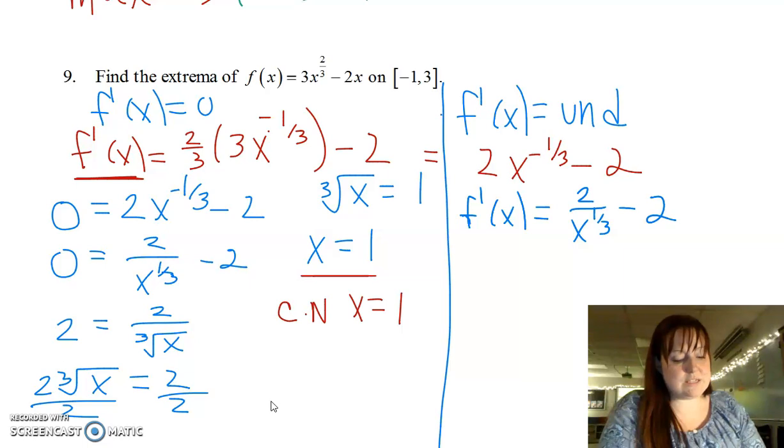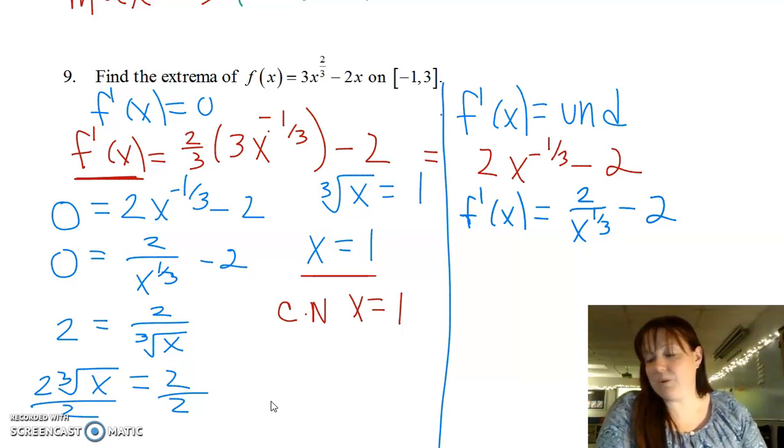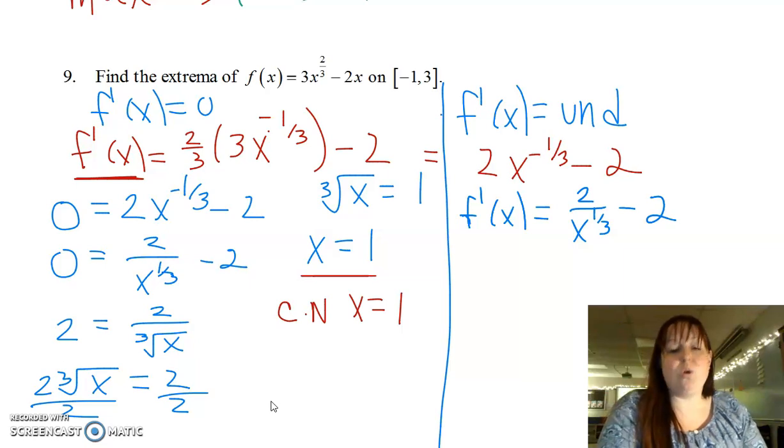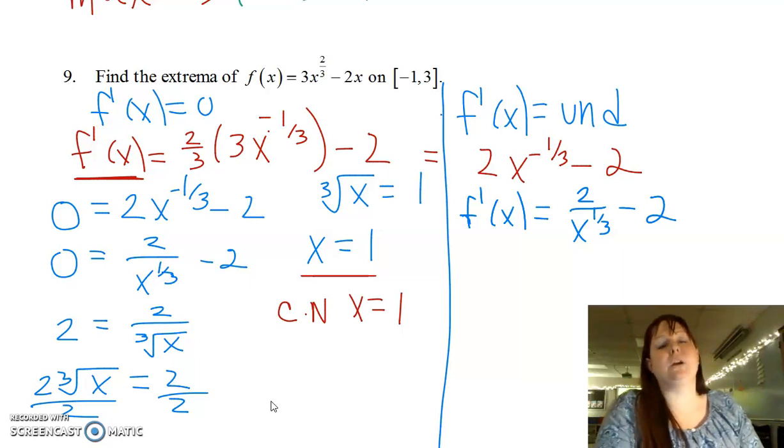And so where is this undefined? Well, it's undefined anywhere that we're dividing by 0 or taking the square root of a negative number. So we look at this and ask, would we ever be dividing by 0 or taking the root of a negative number? Well, if x equals 0, then we would divide by 0. That's not allowed.